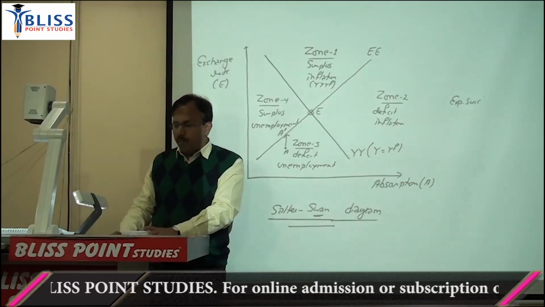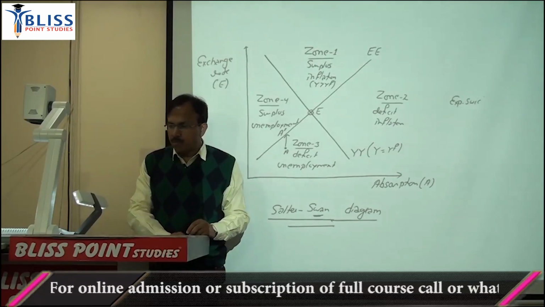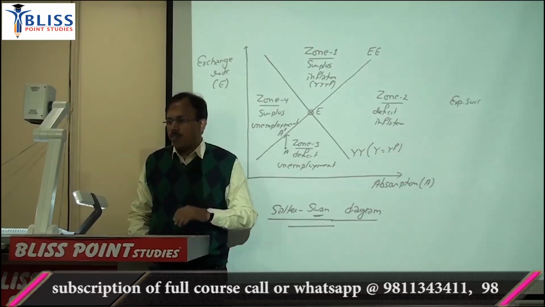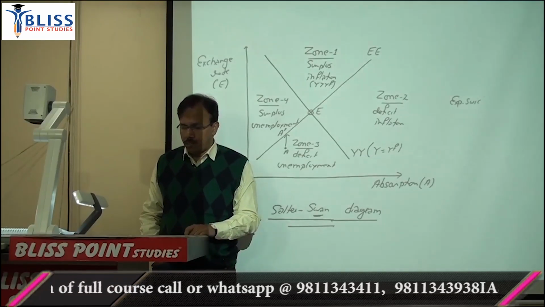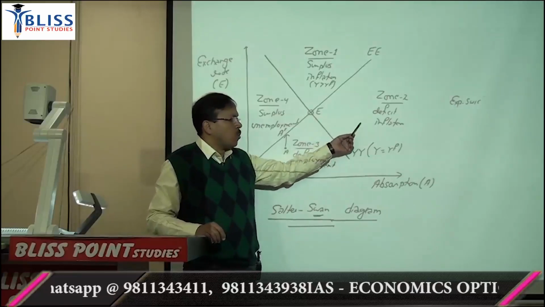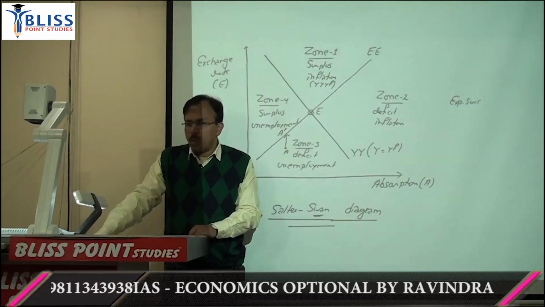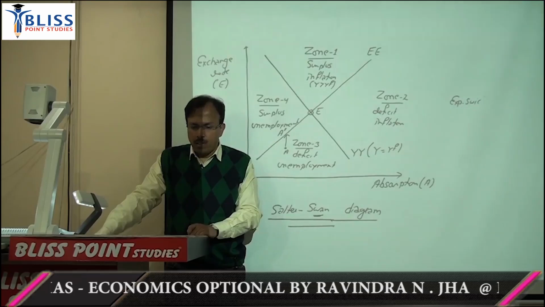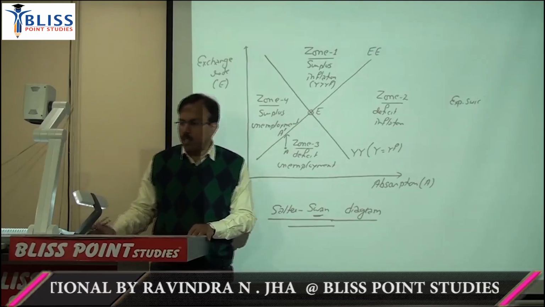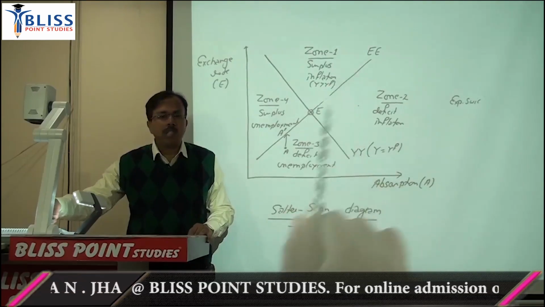Next paragraph. If the economy is characterized by BOP deficit and inflation — deficit and inflation is zone 2 — then to achieve external balance, what is required in zone 2? For external balance you have to move here, so devaluation is required.